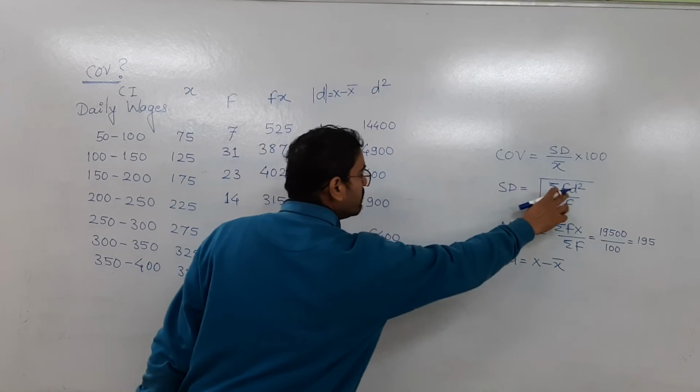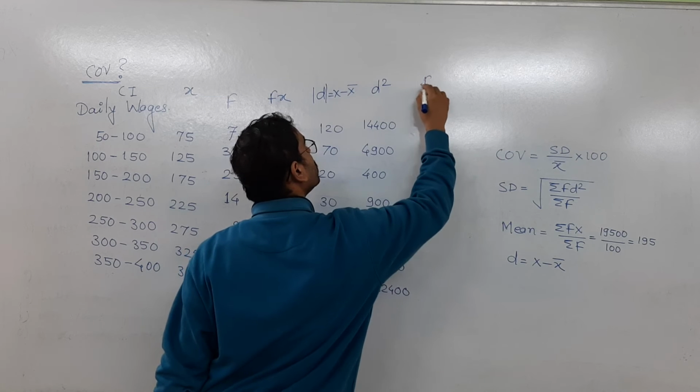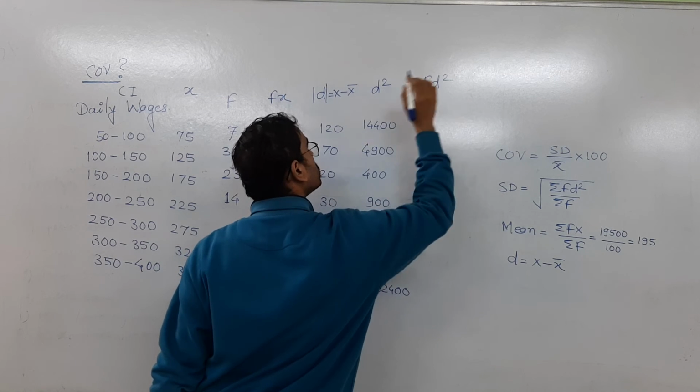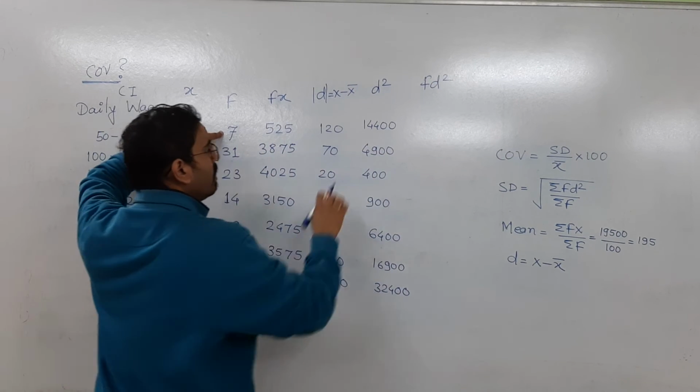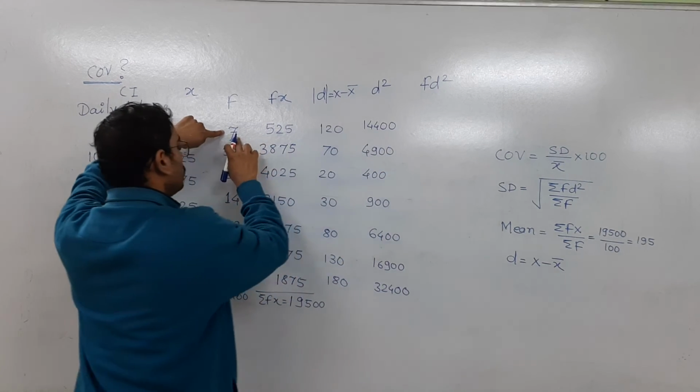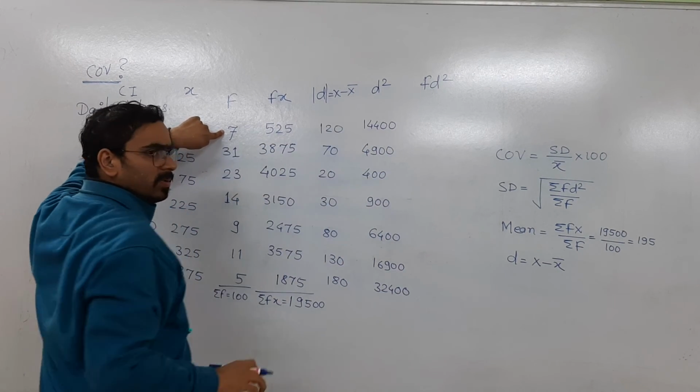What we need is F D square. So there will be another column, F into D square. So there is F and there is D square. You have to multiply 7 into this term.